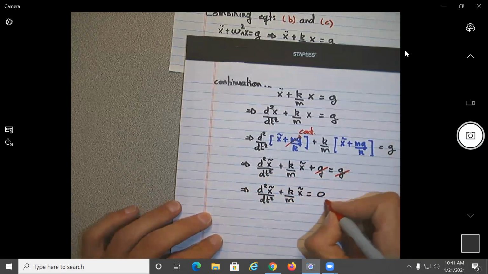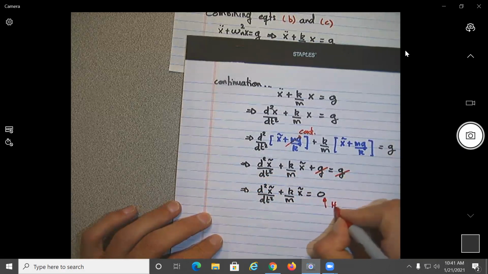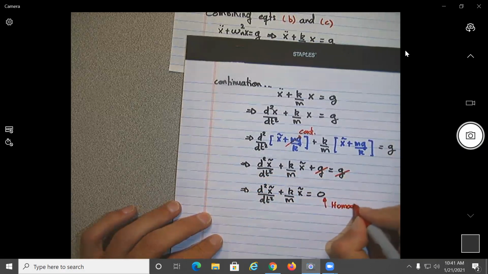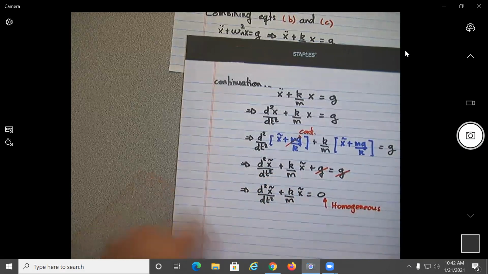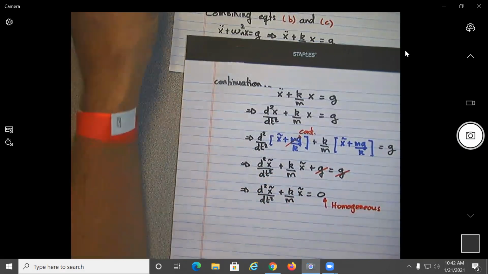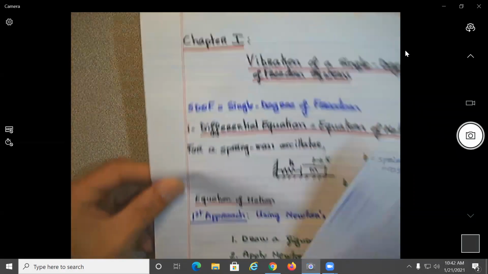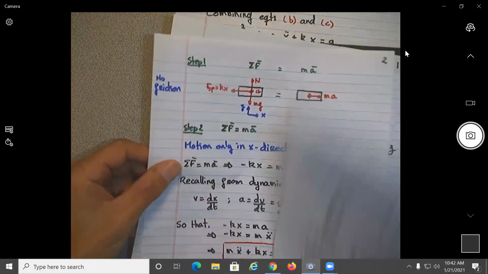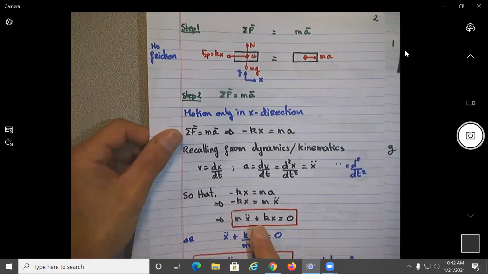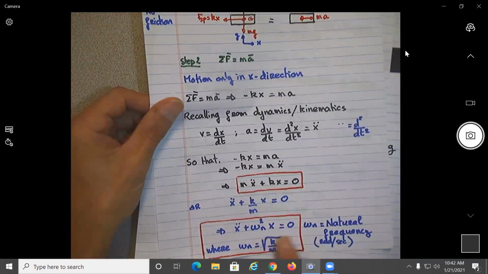So now this is homogeneous and is of the same form that we had at the beginning. We said the general form for this equation of motion should be of this form, no? Or this one. All right?